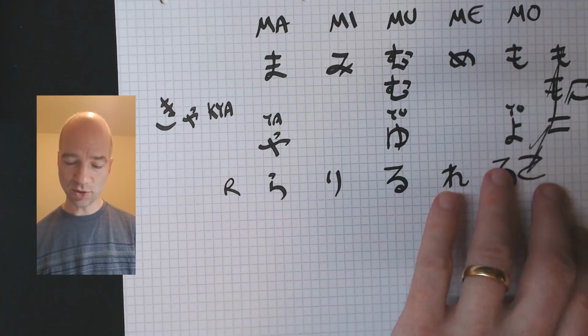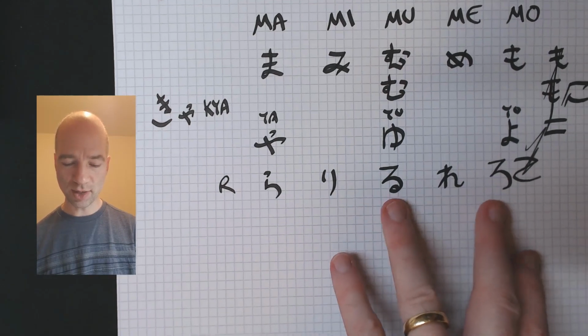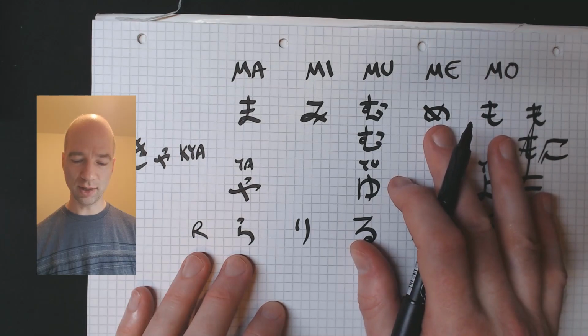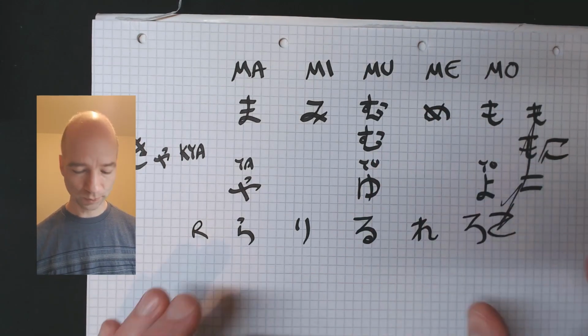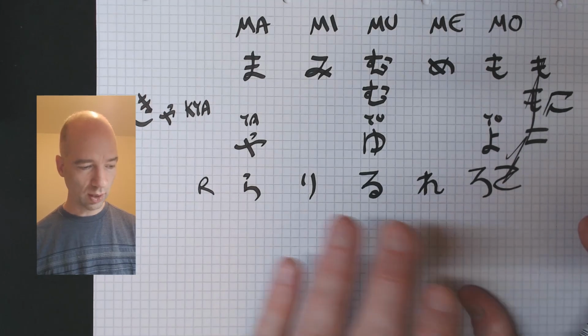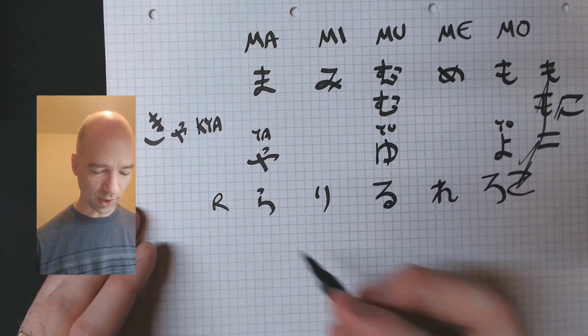But in this case, because they're on the same row, they're easier to distinguish and remember the difference between them than if you have things like the me looking like the nu, for instance. So ra, ri, ru, re, ro. Which leaves only 3 characters, actually, and we'll do those right away.